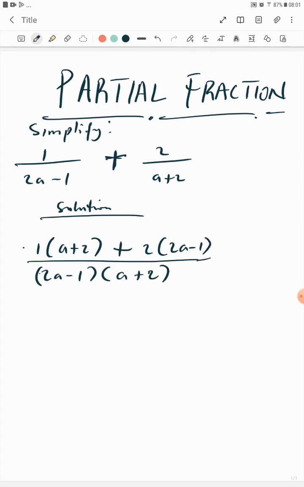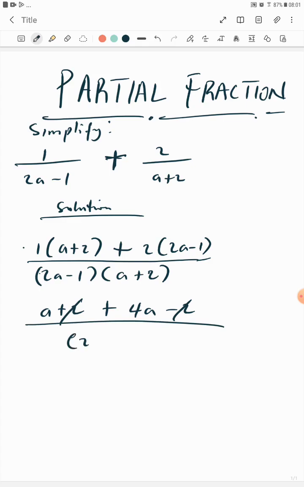If we expand what we have in the numerator, 1 times a plus 2 will give us a plus 2, plus 2 times 2a will give us 4a, 2 times minus 1 will give us minus 2. This will cancel this.